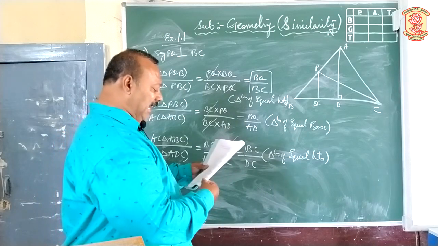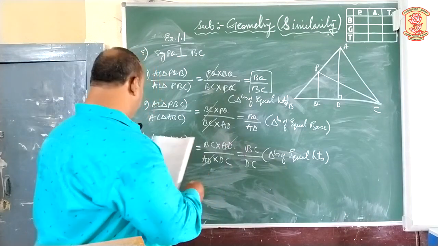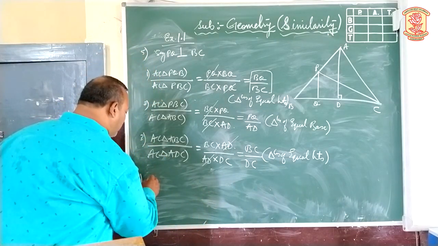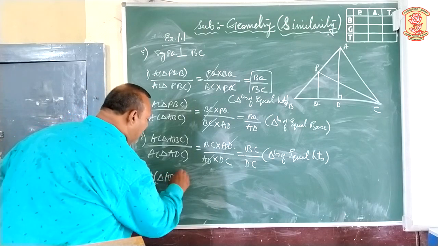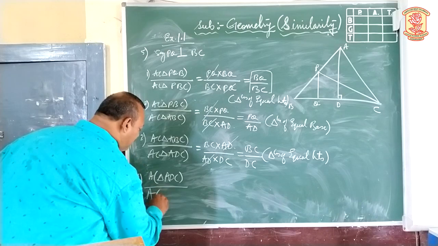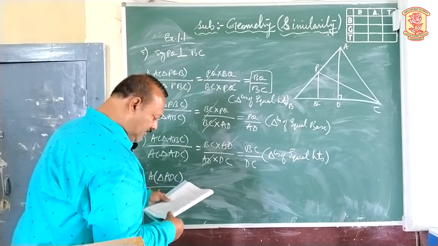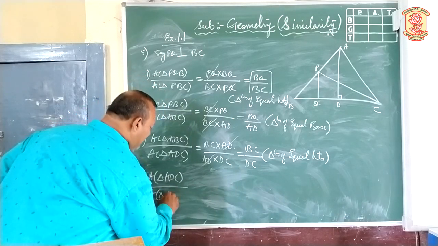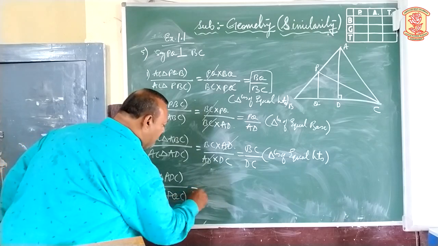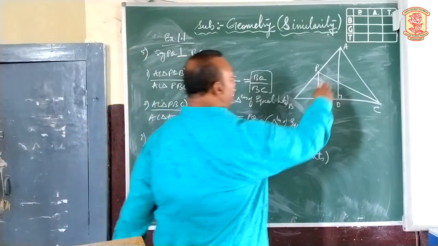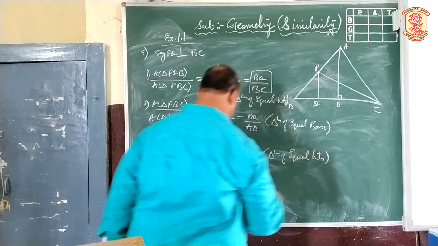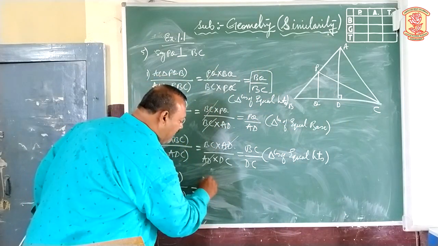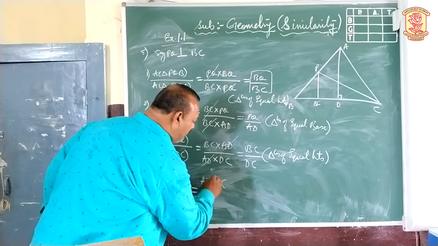Fourth one, the last bit: area of triangle ADC upon area of triangle PQC. In ADC, base DC, altitude AD, therefore AD into DC.